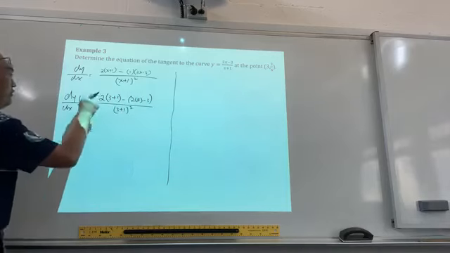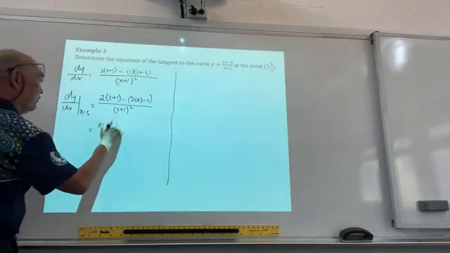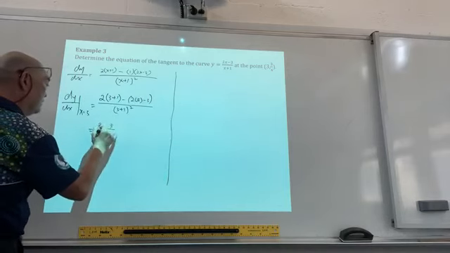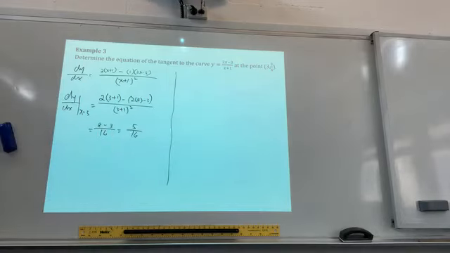So therefore this is 8 minus 3 over 16, which is 5 over 16. So you now know the gradient at that point.